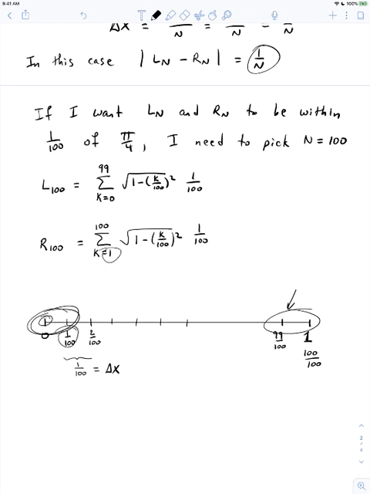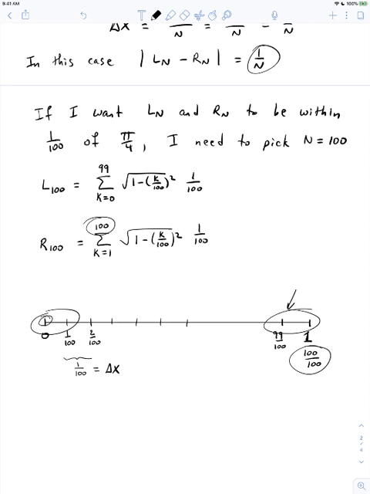So that's why there's a 1 there. And the last, of course, is 100 over 100. So that's why we go to 100 in R sub 100. Now, once again, I can't compute these by hand, or at least I don't want to, but I can easily do it with a computer.